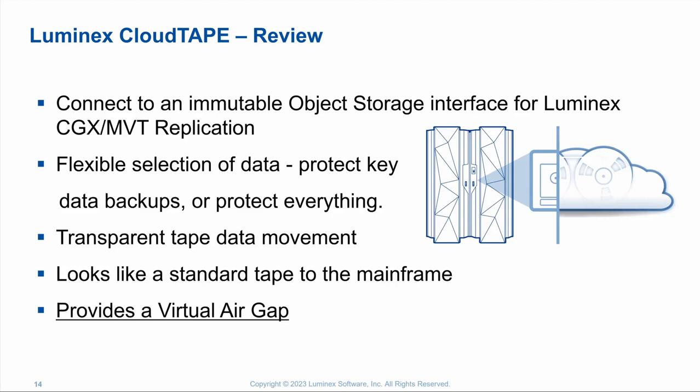And it's moved around like a standard tape. So if you write it compressed, it's transferred compressed. If it has encryption on write, then it is replicated encrypted to the S3 repository. And that's your virtual air gap for the storage. Now that's the element that we've taken as the basis and added some enhancements for it.